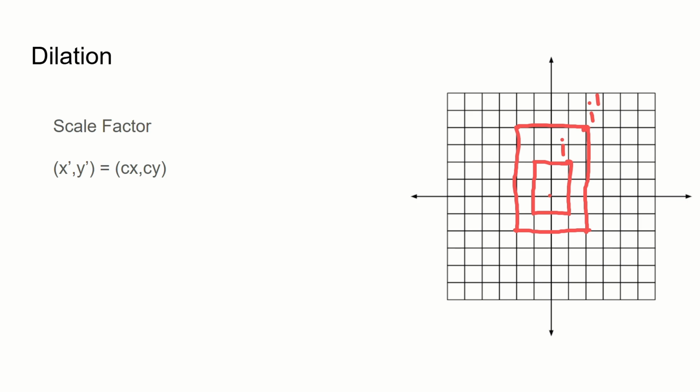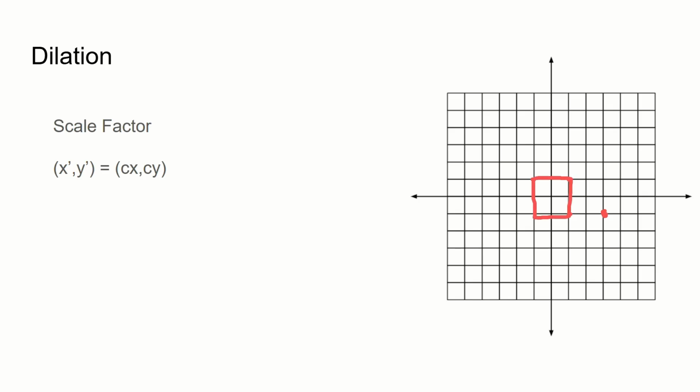But we can also dilate not just around the origin, but any point. So let's say instead we were dilating around (3, -1), and we had a shape like this. So we've got (1, 1), (-1, 1), (-1, -1), and (1, -1).